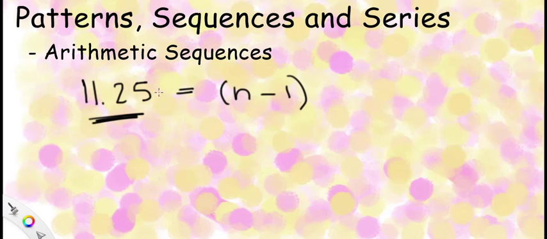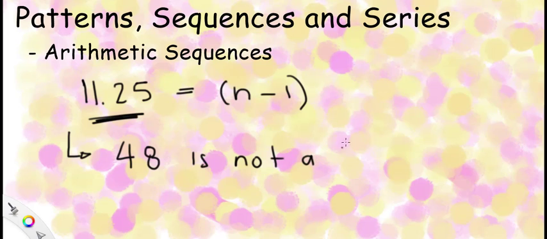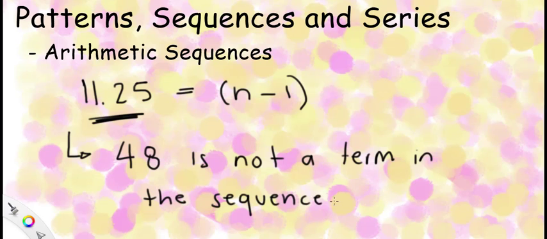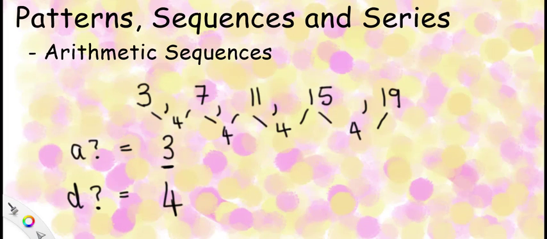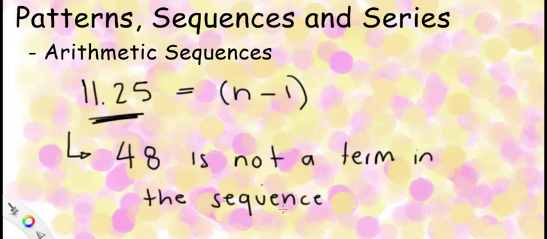So because it won't be a whole number, we can say that 48 is not actually a term in this sequence. So 48 does not belong in the sequence. You won't find it if you keep going and adding 4, which is the common difference. You won't have the number 48. That's what it simply means when you find a fraction in that instance.